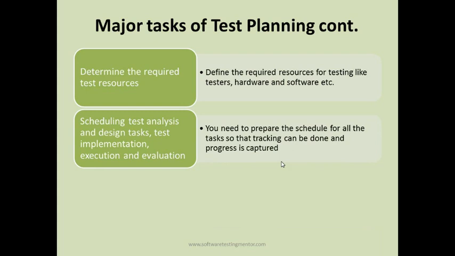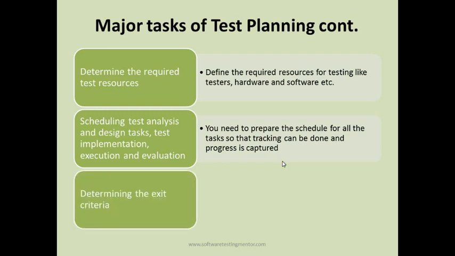You need to prepare the schedule for all the tasks so that tracking can be done and progress is captured. So a proper schedule, a timeline has to be defined for all the testing activities so that you can do tracking based on the schedule, and you can capture what progress has been achieved in different phases of testing.